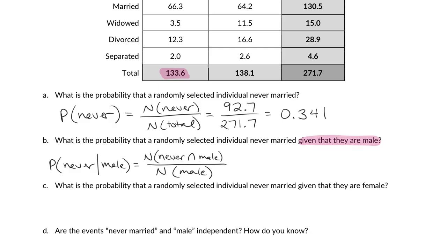My total has changed. In the first question, I was using the total. In the second question, I'm using the number that are male. So if we find that overlap, by the way, what is the overlap between never married and male?